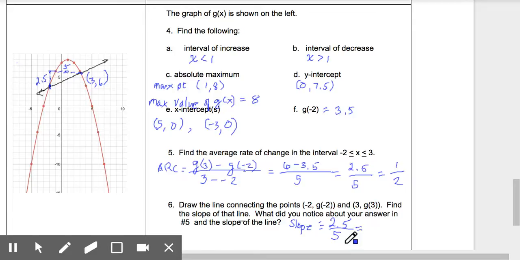All right, then we simplify this, and 2.5 is half of 5, so we'll say that the slope is equal to 1/2. Okay. Notice the slope here is 1/2. The average rate of change in the interval -2 to 3 is also 1/2. Does this mean we can say the average rate of change is the slope of the line containing the 2 points?